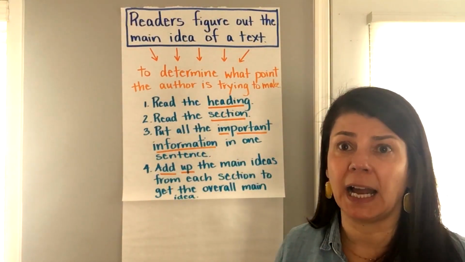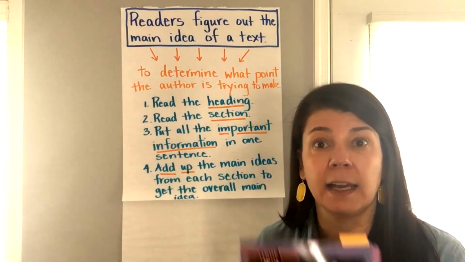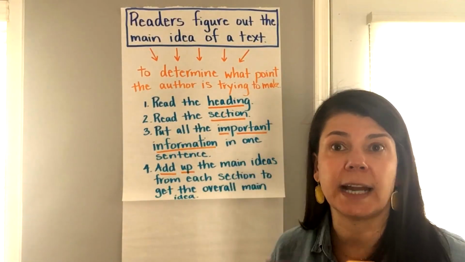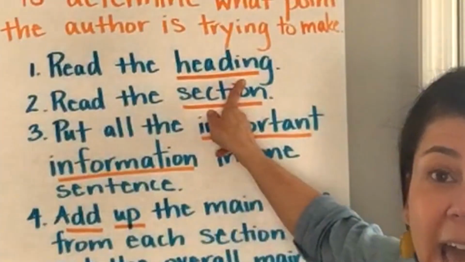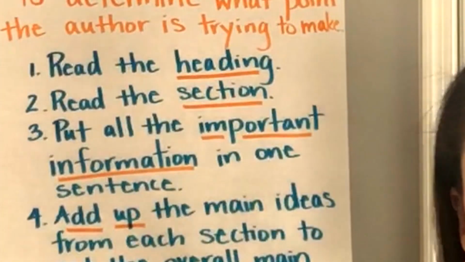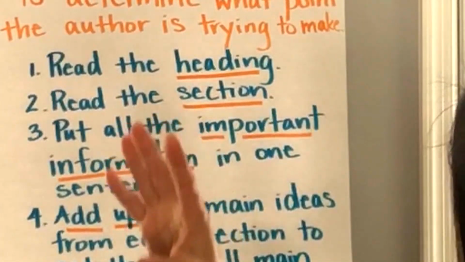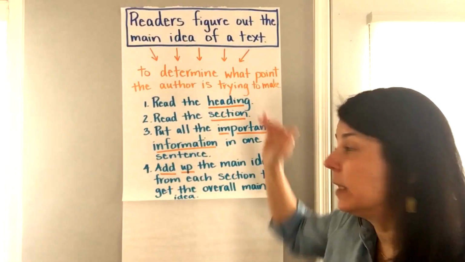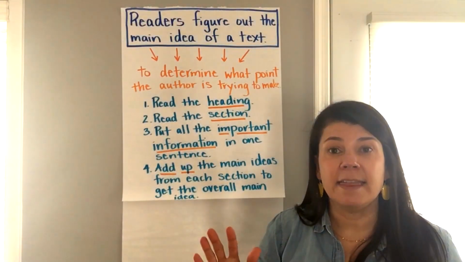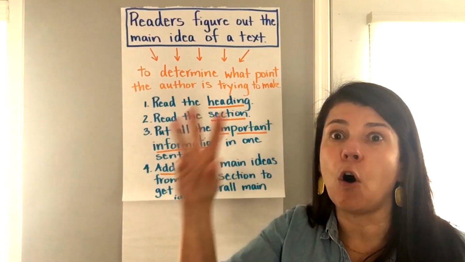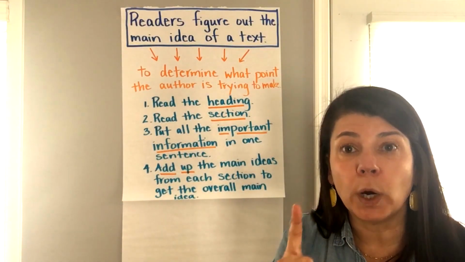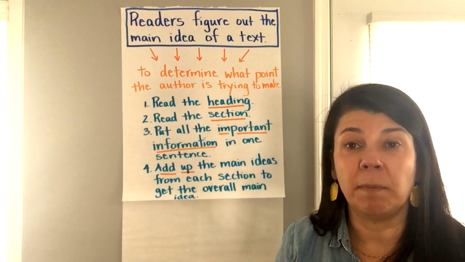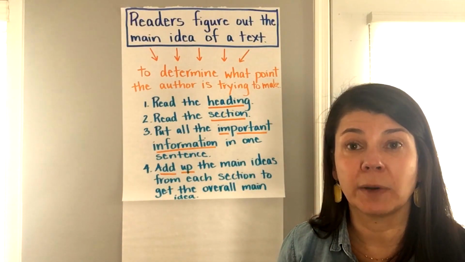So here are the steps that I went through to find the main idea in one of the chapters I was reading. First, I'm going to read the heading of the section. Then I'm going to read that section. So I read the heading, I read the section, and then I think to myself, I pull all the important information together and come up with one sentence that's the main idea of that section, okay?